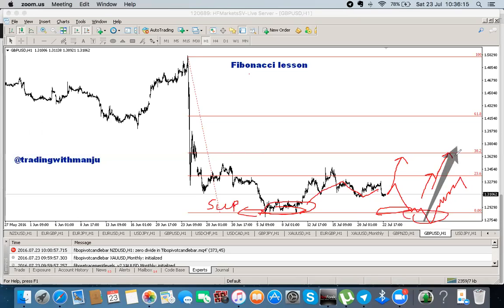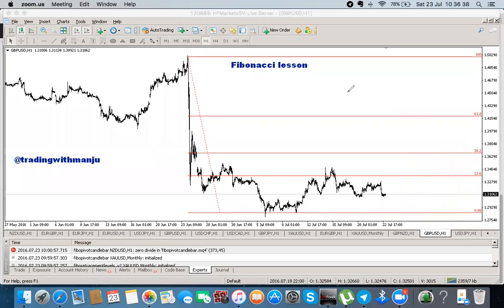Here is where we can consider it a strong zone. Most of the time, whenever the price reaches 38.2, it will rebound and pull back, and it will test 23.6 once again, unless we have good news for the pound. Then the market will try up to 61.8.